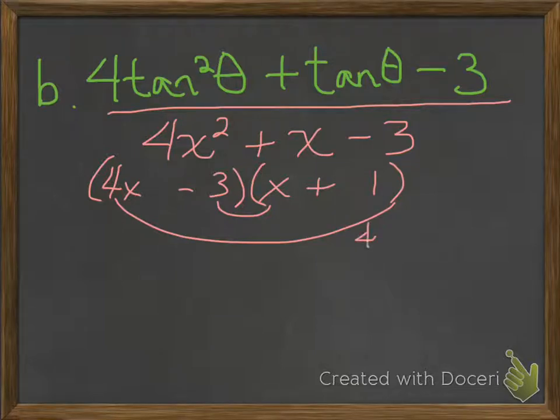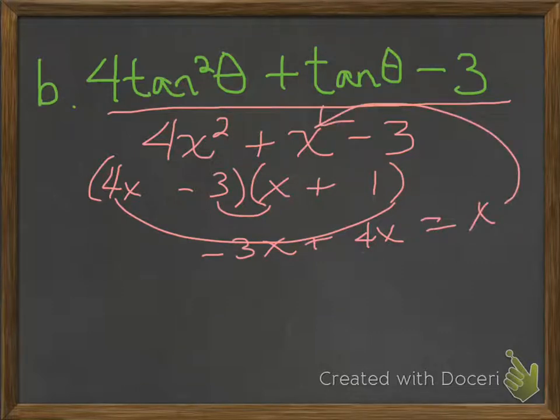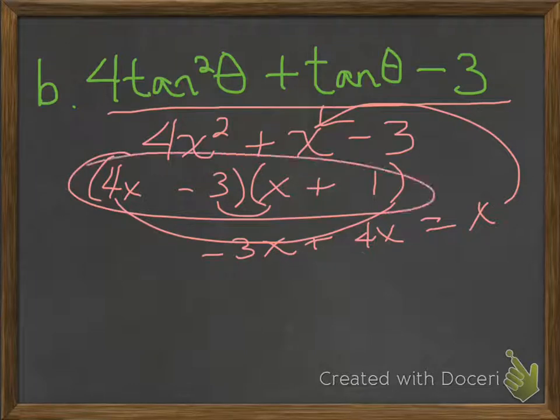This gives us 4x, this gives us negative 3x. When we add them together, we get x, which is our middle term. So this is the right factorization. However, x replaced the tangent. So what I had done is actually taken tangent theta and put in an x for it.